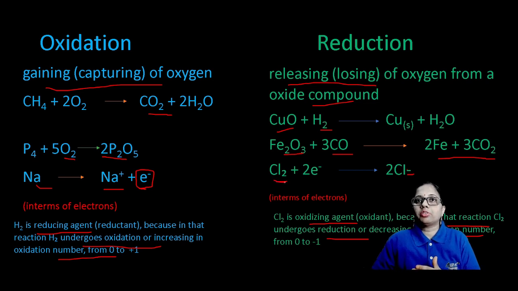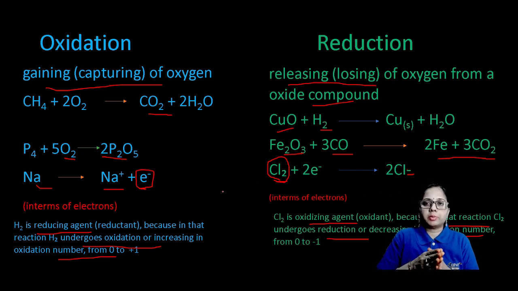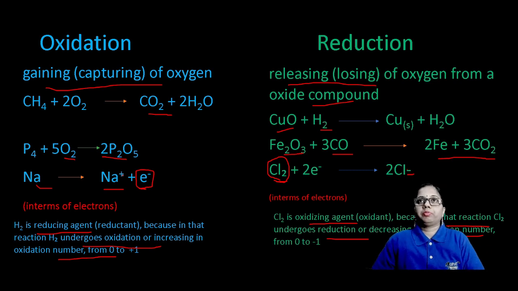Here the oxidation number is 0, that means no charge. You can easily remember that the oxidation number is the charge after ionization. Here it is 0, whereas there it is -1. Here also it is 0 and here it will come as +1. So either positive or negative.